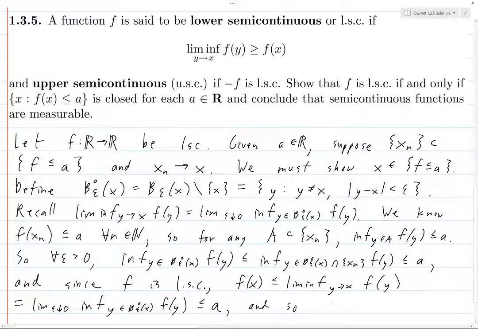And so f of x is less than or equal to a, which means that x is contained in the set of all points which evaluate to a number less than or equal to a.